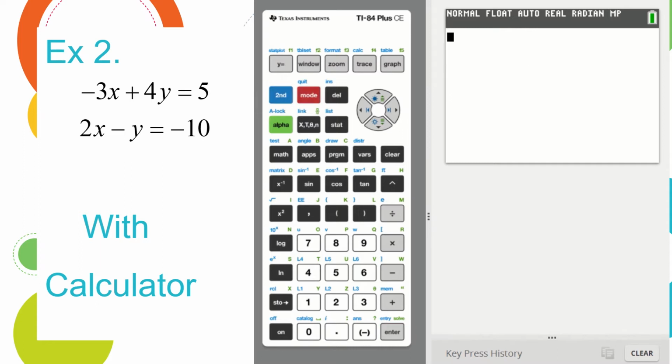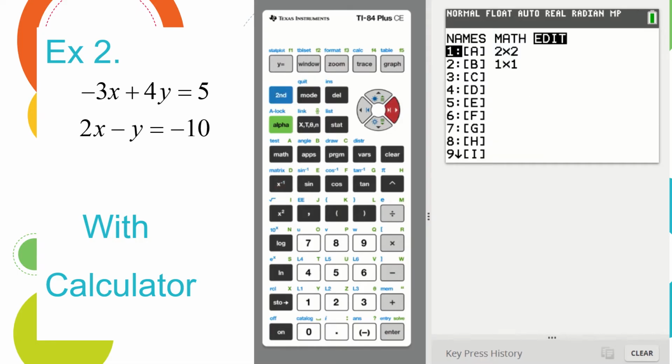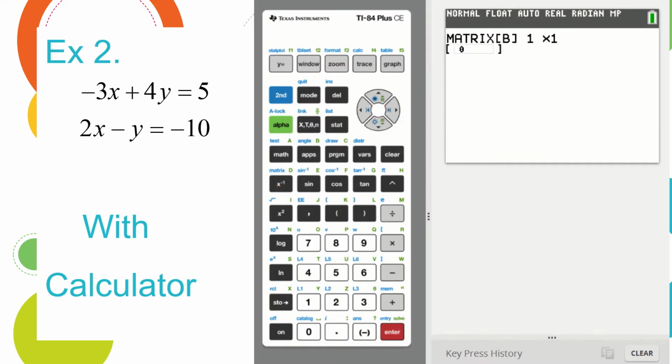I'm going to quit out of there. I'm going to press second matrix, go to edit, and edit B. B is a 2 by 1 because I'm going to use my constant matrix, which has a 5 and a negative 10. Let's quit out of there.